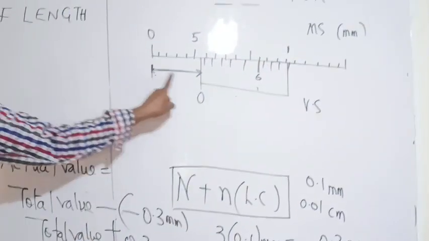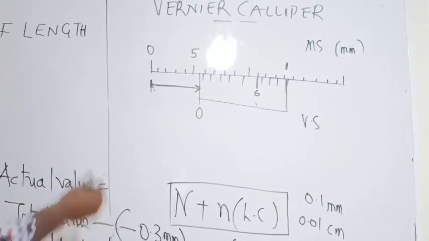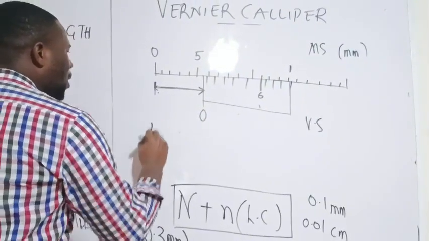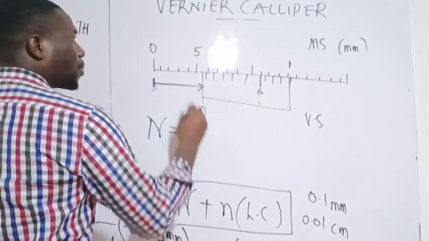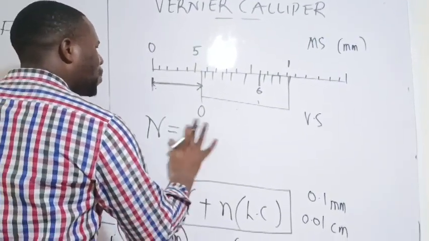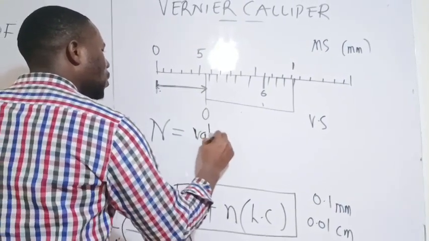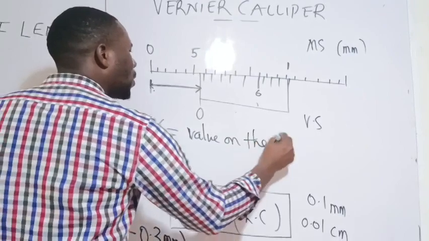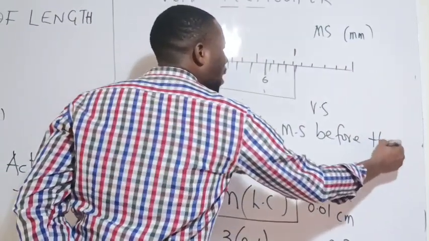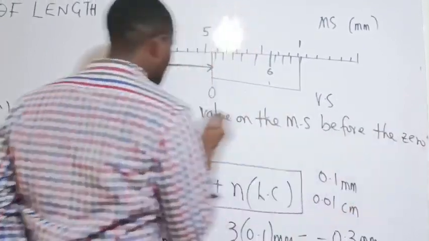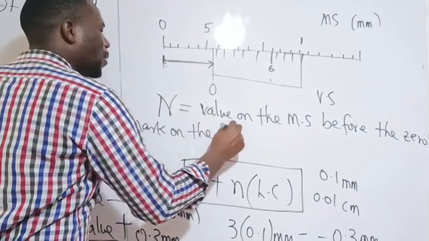So how do I tell what the diameter of this object is using a Vernier caliper? It will be the capital N. N is simply the main value on the main scale before the 0 mark on the Vernier scale.